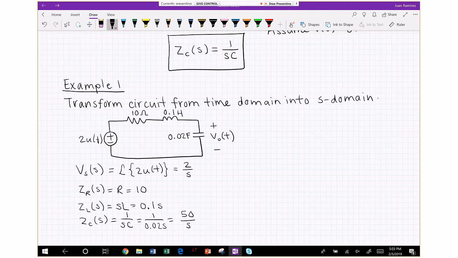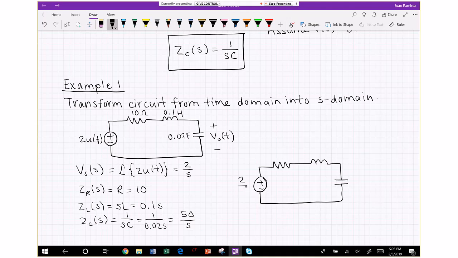So, if we're representing the circuit now in the Laplace domain, it keeps all the same element models from a schematic drawing standpoint. But now instead of the values being in the time domain, we represent them in the S domain.